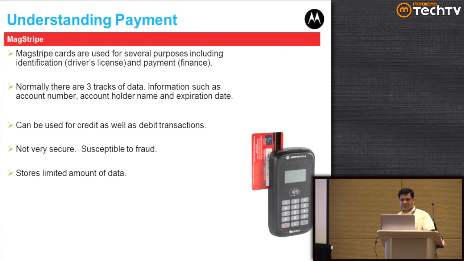There may be 4 tracks in some countries, but here in the US, it's 3 tracks. It will have a number of pieces of information like account number, account holder name, expiration date, and all of that. There are MagStripes for credit and MagStripes for debit. But the problem with this is it's not very secure. Fraud can easily happen. And also, it stores a limited amount of data compared to smart cards.